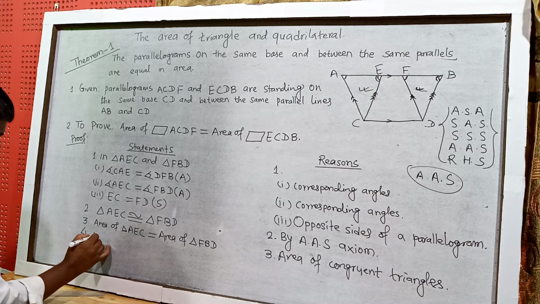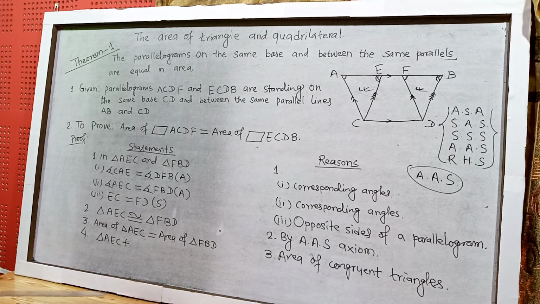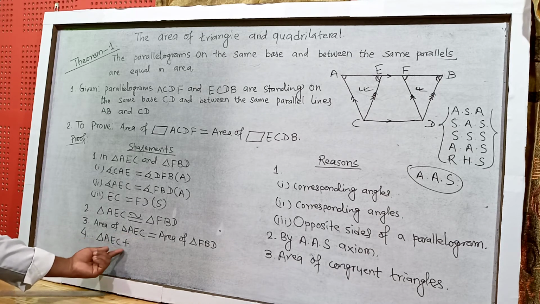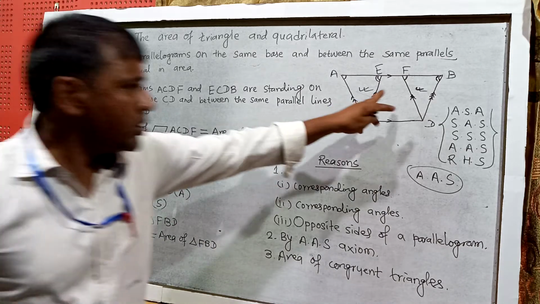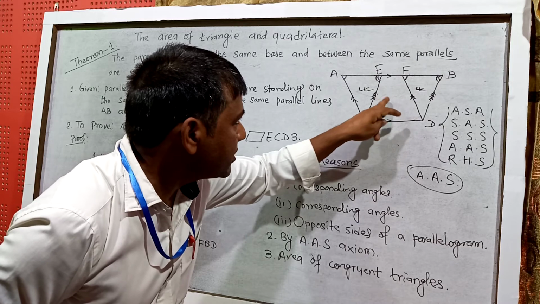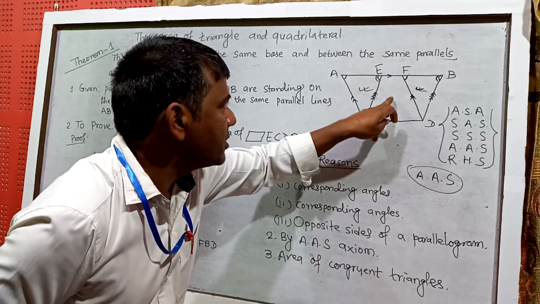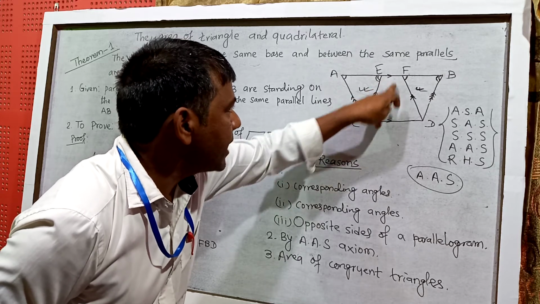Then in number four, now triangle AEC, let's write triangle AEC plus, on this side, let's add this trapezium. In between these two triangles, look, there is a trapezium ECDF. It is a trapezium because one pair of opposite sides is parallel.